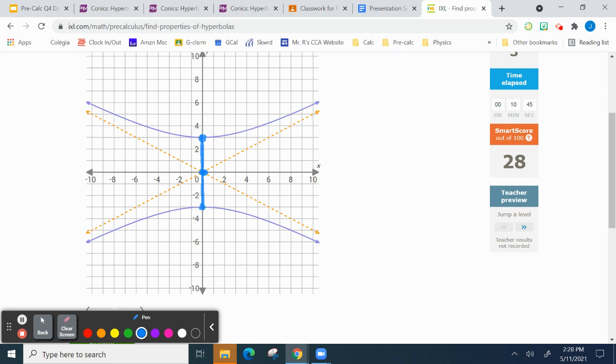It's also halfway between the line that goes through the two foci, whatever those are. I don't know exactly where they are. They're going to be somewhere like out there, right? So the center is going to be half the distance between the foci, or half the distance between the vertices.